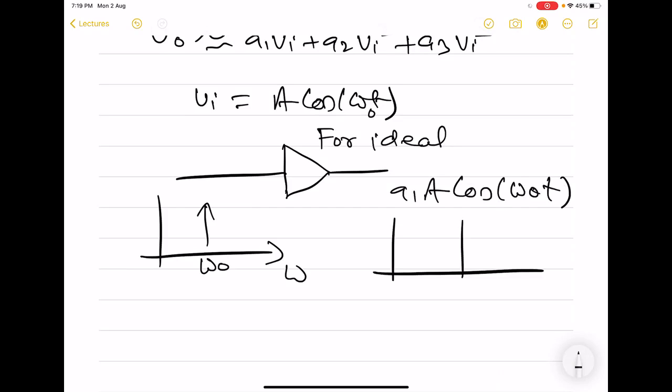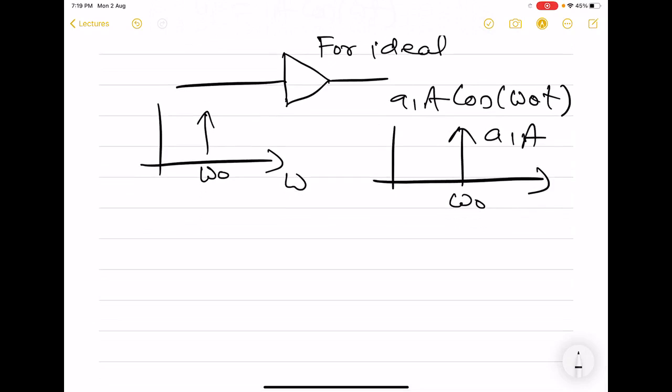That means in the frequency domain, we will continue to see only one sinusoid of strength A1 A. So in this case, the frequency content of input and output are both the same, and since this is an amplifier, it is supposed to increase the amplitude, and that is what is getting done here. We had A here, now we have A1 A on the output side.